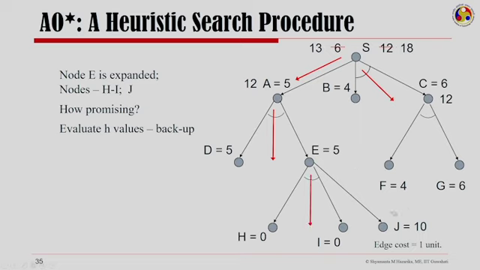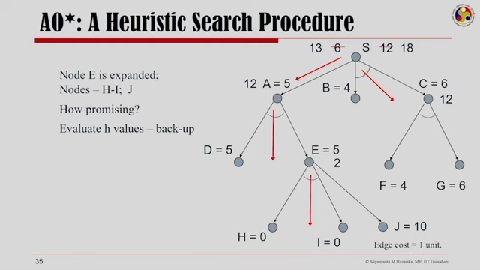So, it follows this path, and once it follows that path, we realize that H and I are part of the solution set. Before we mark them further, we revise the cost of the different nodes from which we have followed up to H and I. So, this H, I cost, which is 2, makes the estimate of E revised to 2.